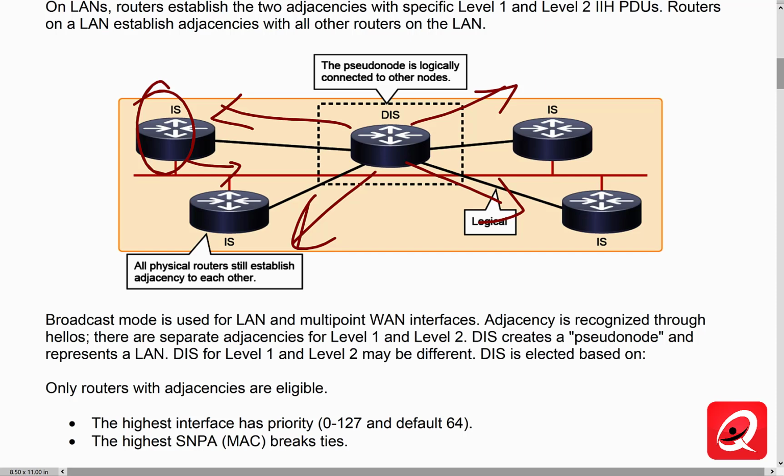The level 1 and level 2 DIS on the LAN could be the same router because, if we leave the default priority, they would most likely have the same MAC address. So in that sense, they would basically be the same device.